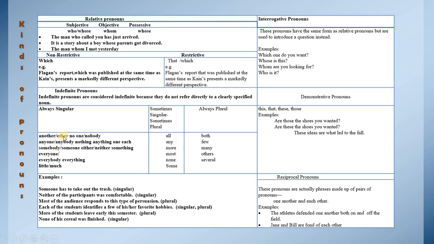I say another, other, somebody, nothing, all, any, more, several, few, both, so they are not precise. Someone, anyone: someone has to take out the trash. For example, none of his cereal was finished.